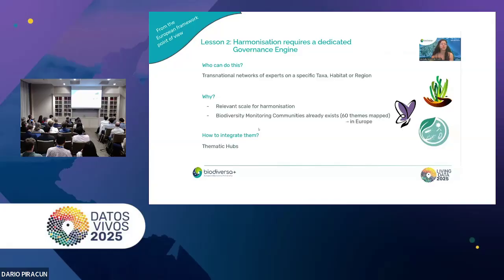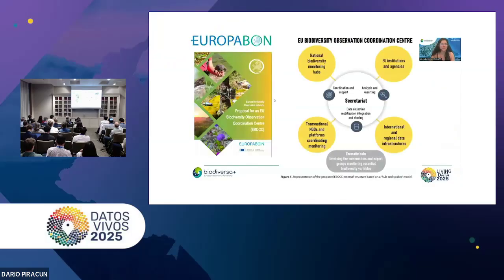And now one of our solutions on how to integrate them into the governance landscape would be to integrate them as thematic hubs. And this is not just us within Biodiversity Plus that have acknowledged the value of thematic hubs in the biodiversity monitoring governance landscape. You might be aware of the Europa BON proposal for a European Biodiversity Observation Coordination Center.